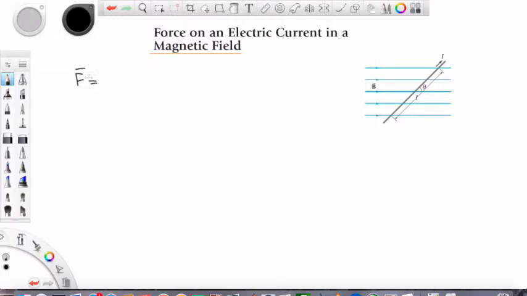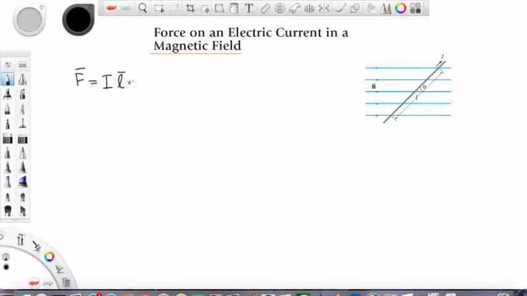We are expressing this in the vector form, that is the most general one. It states, if there's a current I going through the conductor, the force will be the length vector, which is directed along the conductor and into the direction of the current. The magnitude of the L vector is the length of the conductor.